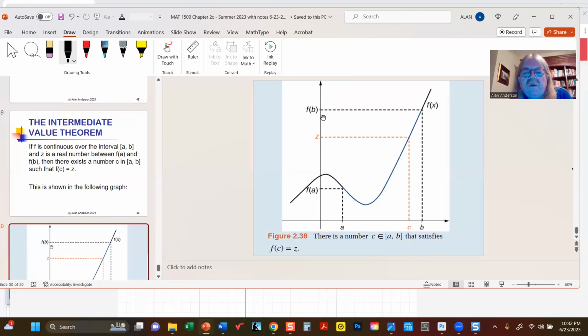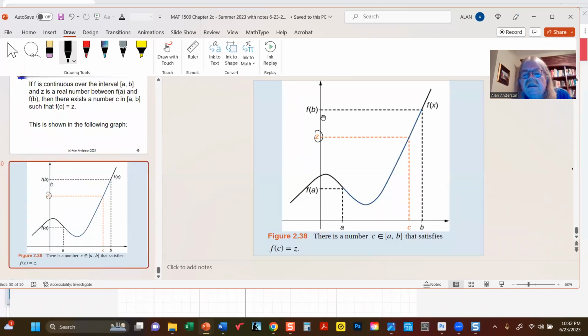Z is somewhere in between f of a and f of b. What this guarantees is that corresponding to the z is some c, which is in between a and b. In other words, z being between these two implies that c is somewhere between a and b.